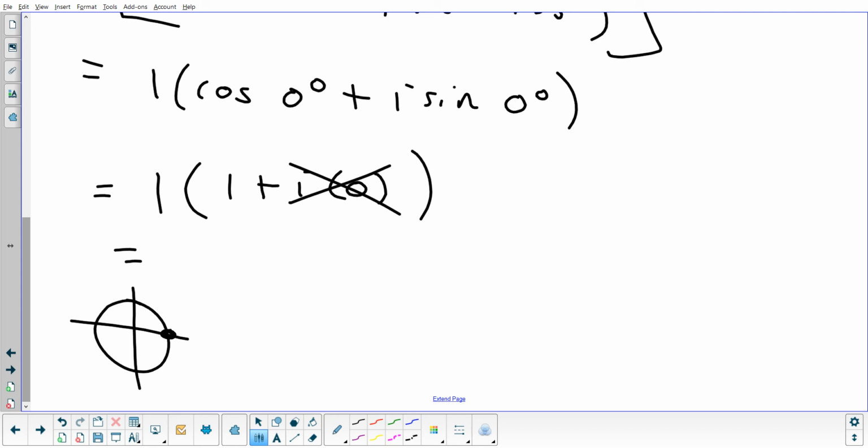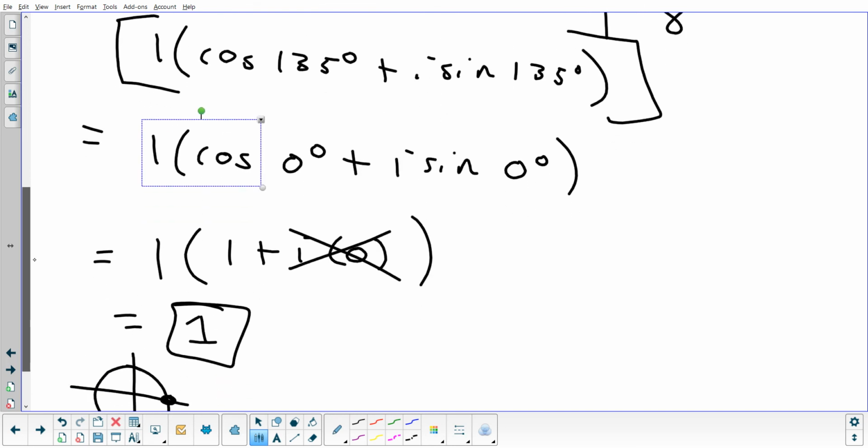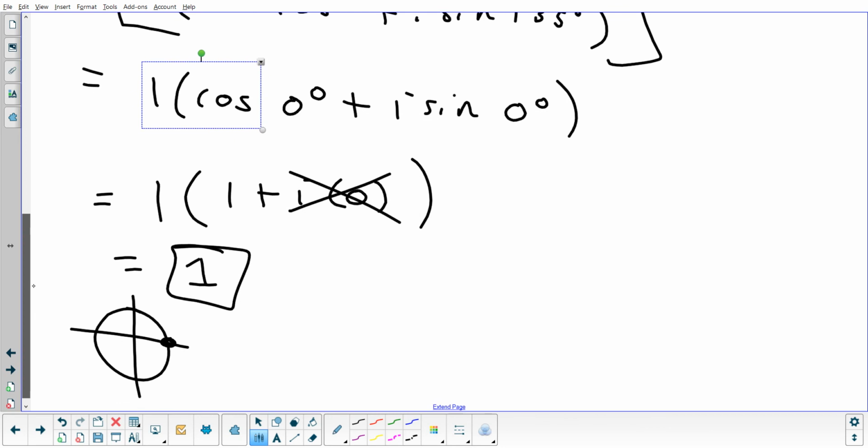And what are you left with for a final answer? Yep, 1. That's the final answer in standard form. 1 plus 0i. That's the final answer in trig form. Okay, any question on that? So that's how you raise a complex number to a power.